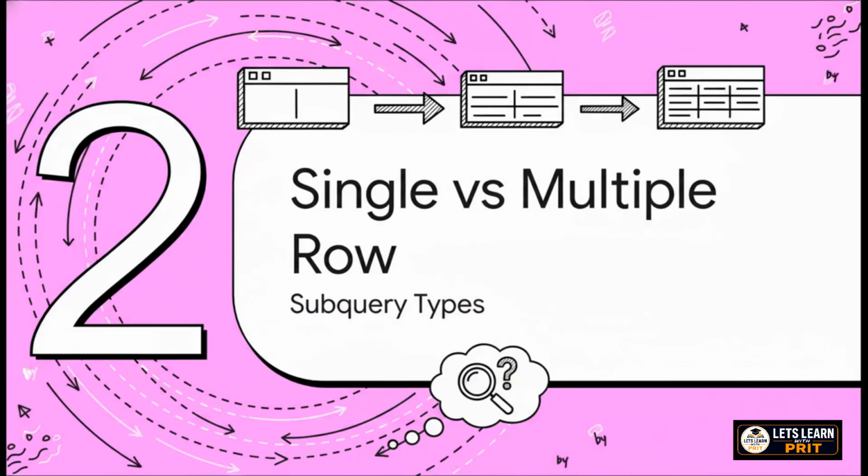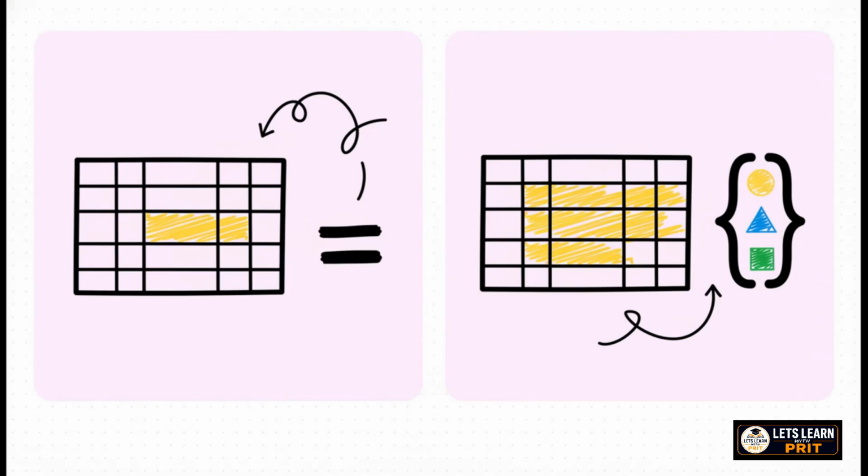Moving on to Section 2, Single versus Multiple Row Subqueries. Now, what's really interesting about this slide is this is exactly where examiners love to test your conceptual clarity. We have two main types. On the left, we have the single row subquery. Just like the name says, the inner query gives back exactly one single value or row.